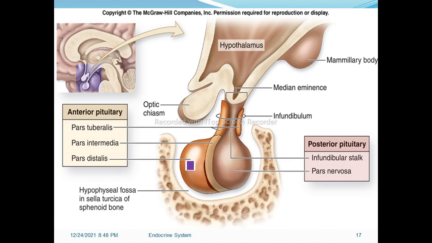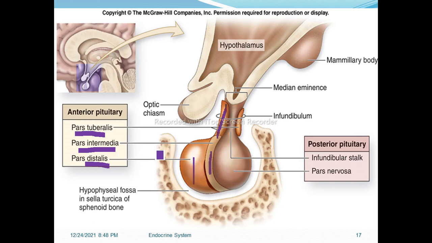The anterior pituitary can in turn be divided into three: pars tuberalis, pars intermedia, and pars distalis. This large portion is known as pars distalis. This area is known as pars intermedia. This is pars distalis, this is pars intermedia, and this is known as pars tuberalis.